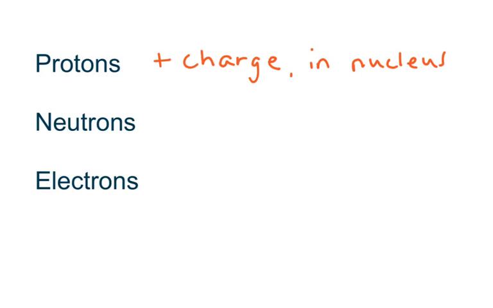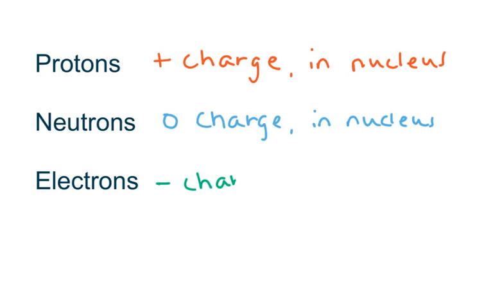Neutrons have no charge, or neutral, so zero charge, and they are also found in the nucleus. While electrons have a negative charge, and they are found outside the nucleus in what's called the electron shell or the electron clouds.